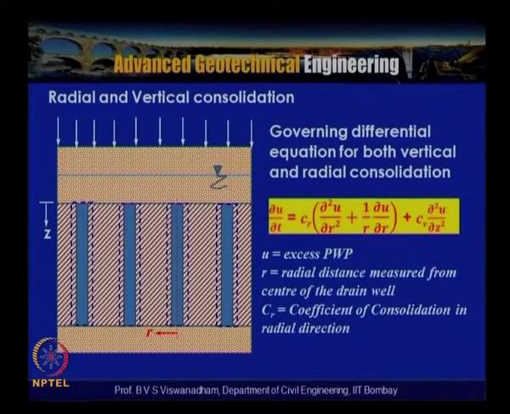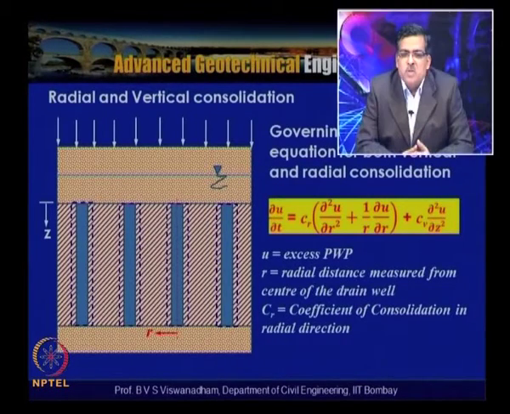Here, at every level, radial drainage takes place, as well as vertical drainage depending upon whether it is a double layer or a single layer. Because of that, you have double or single drainage in the vertical direction, along with radial drainage.